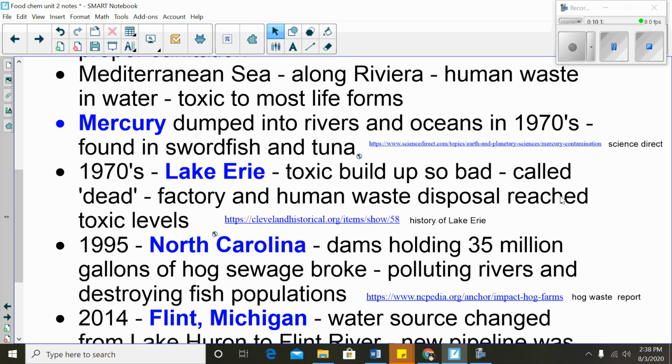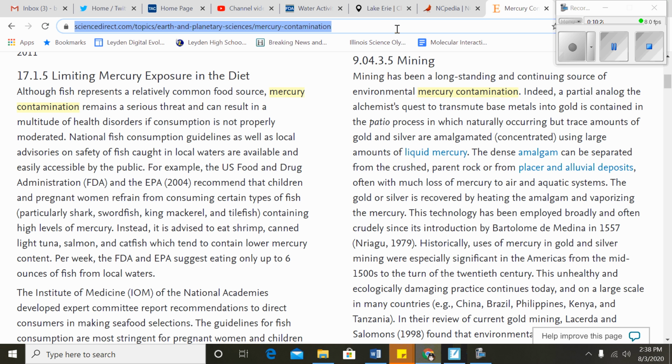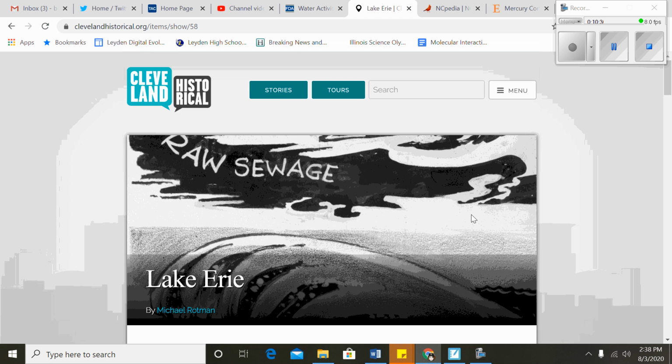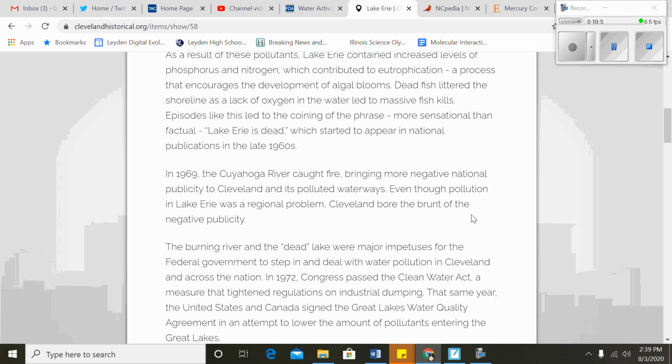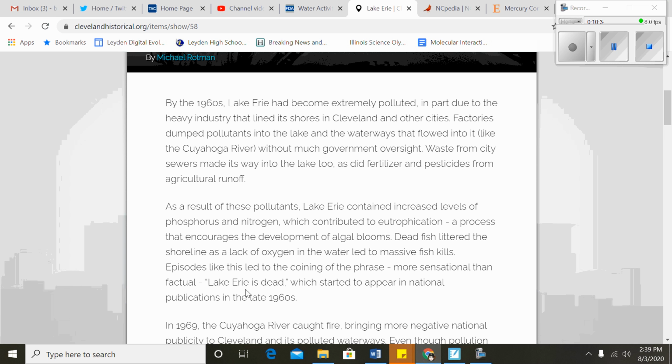In the 1970s, Lake Erie, not too far from us, there was a toxic buildup so bad it was called DEAD. Factory and human waste disposal reached toxic levels. If you'd like to look at the history of that, I found a website about Lake Erie. It has since been cleaned up, but you can see why it was called DEAD.